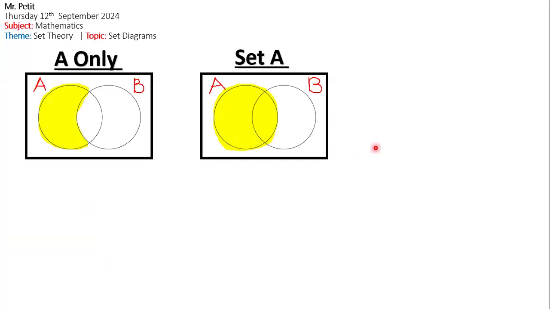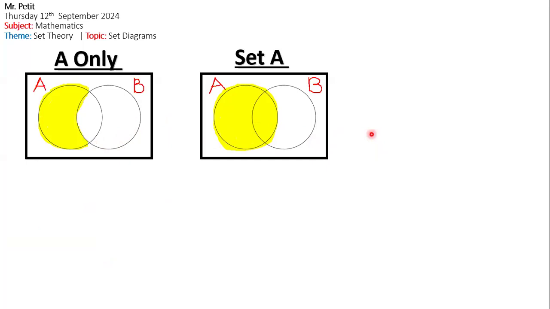Dior, you understand the difference between the first one and the second one? Explain to me the difference. In the first one, you don't shade the intersection or B. And in set A, you shade A and the intersection. Very good.